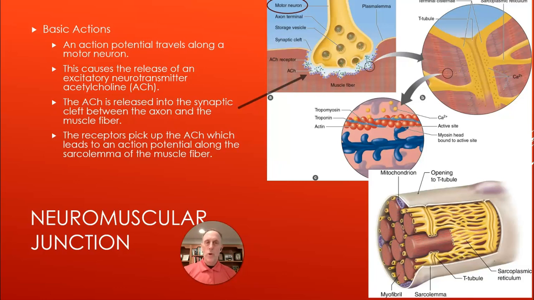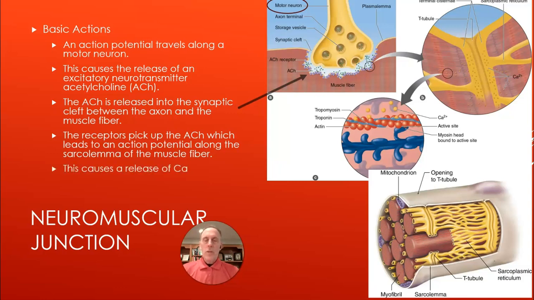The motor neurons have to fire correctly, the acetylcholine has to jump across the cleft correctly, and be picked up on the other side of the cleft to lead to an action potential along the sarcolemma of the muscle fiber. Holy smokes, and that happens in fractions of a second. When you start to watch athletes in action, you really get a greater appreciation, man, of what those athletes can do.